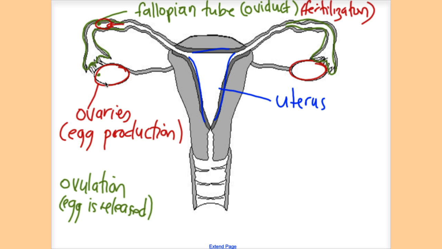The uterus has a very thick lining whenever an egg needs to be implanted. So once fertilization happens, the fertilized egg will then move and implant itself into the uterus, and it will start to grow as the embryo.